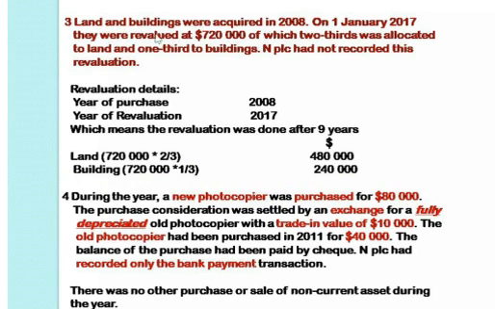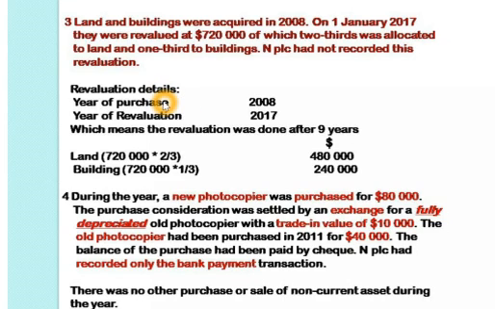The third adjustment states that land and building were acquired in 2008. On 1st January 2017, they were revalued at $720,000, of which 2/3 was allocated to land and 1/3 to building. NPLC had not recorded this revaluation.